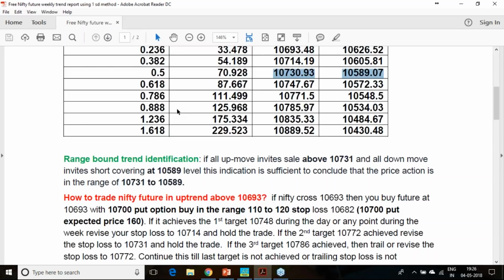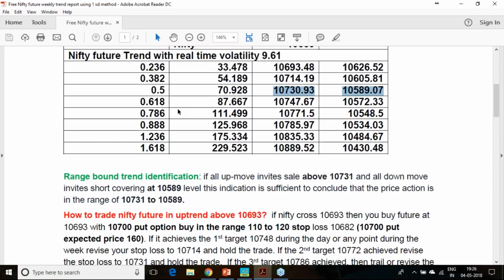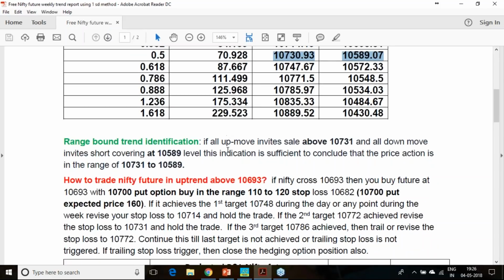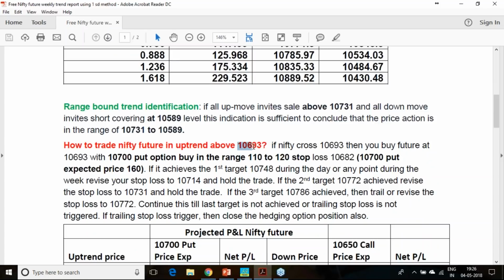All these things I am saying are as per the Fibonacci principle. And how can you trade above 10,693? I always say you must hedge. If you are buying, you must hedge it with the 10,700 put option. At that time, you will get the put option at 110 to 120.